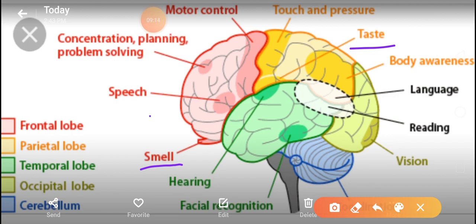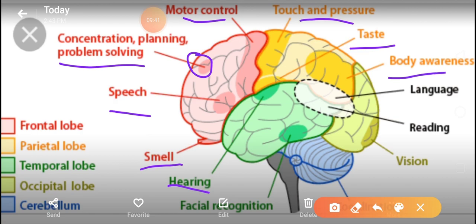Then we have speech, the area for hearing, and for problem solving. Whatever sums you are doing, we have a specific area where your problem solving solutions are being formed.